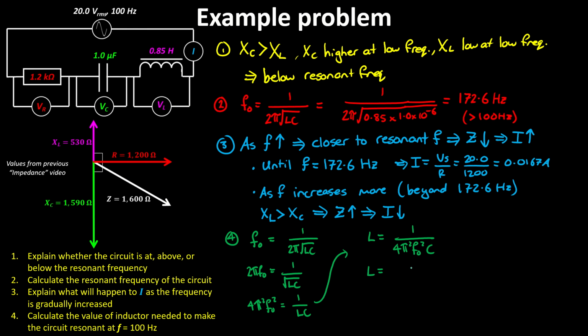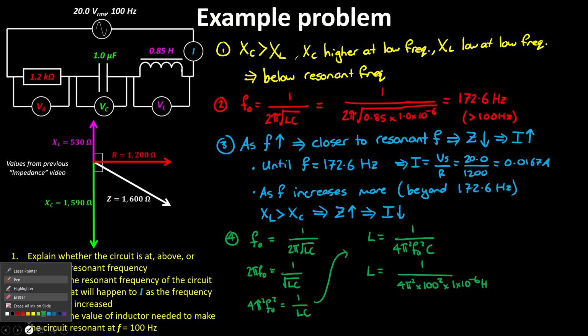And I can plug in numbers that we know now. 4 pi squared is constant. The frequency is 100 Hertz. And the capacitance is 1 times 10 to the negative 6 farads.